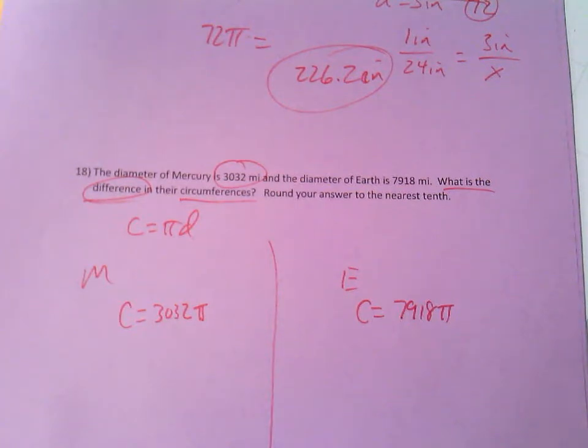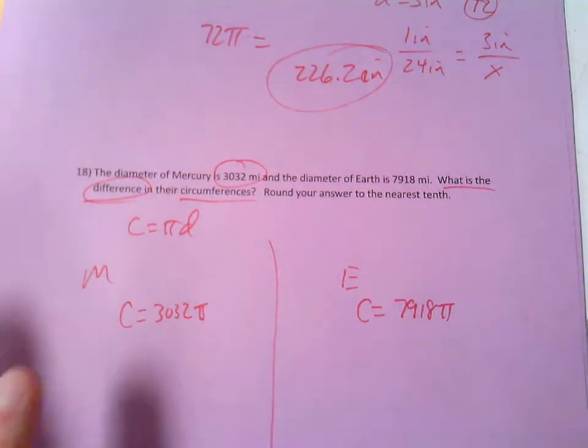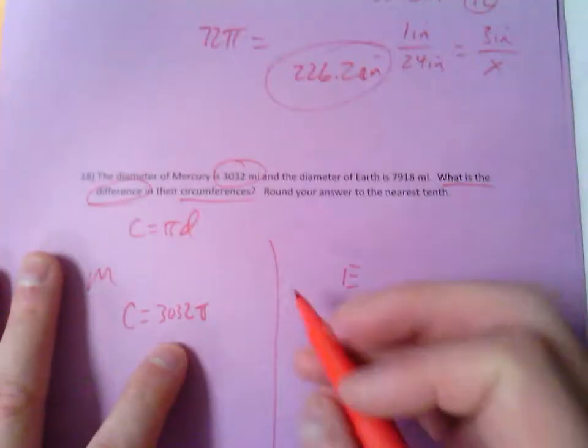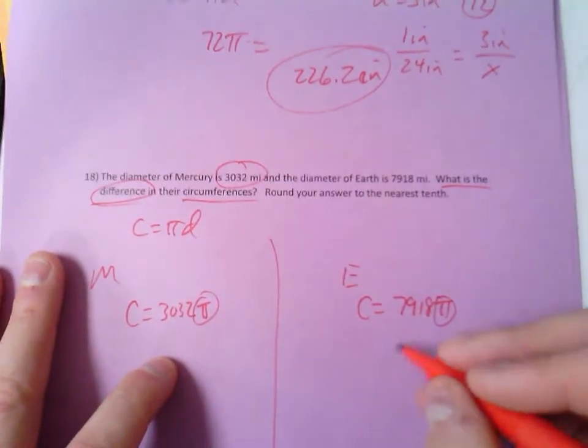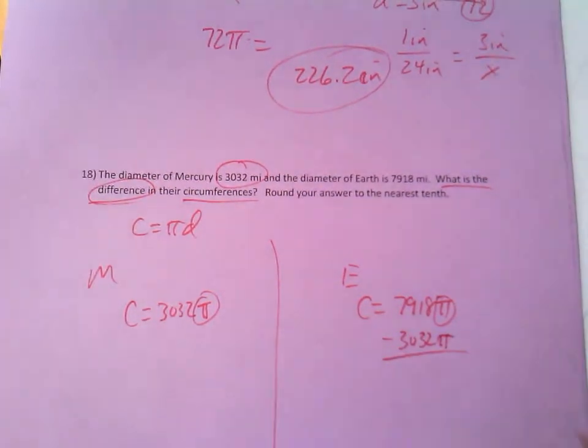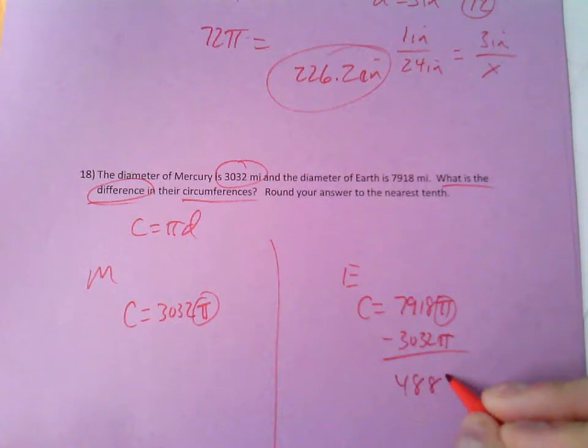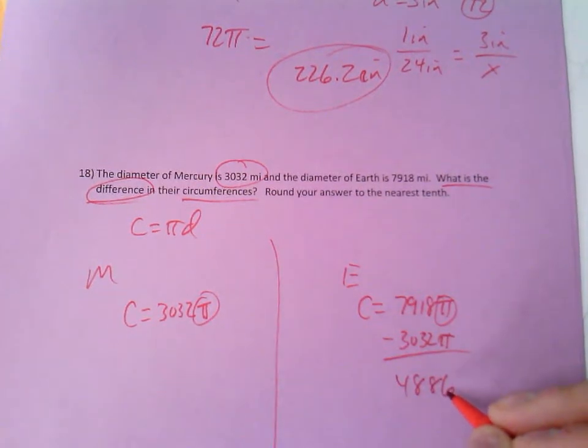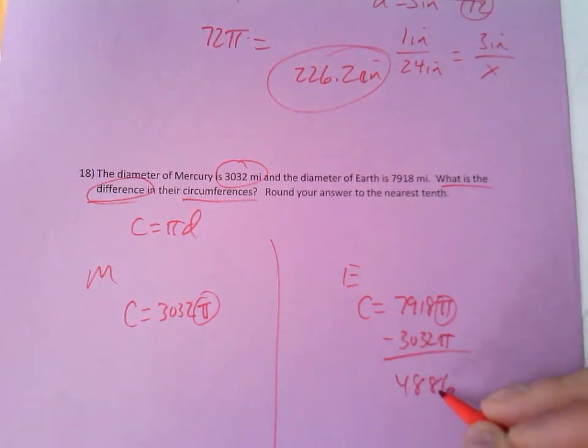Now, there's talk about when you can do the subtraction. The difference means you're going to subtract, and because they both have pi's, you can actually subtract them with the pi's in it already. Okay? And we talk about trying to leave pi for the end. So when you subtract those, you get 4,886 pi.